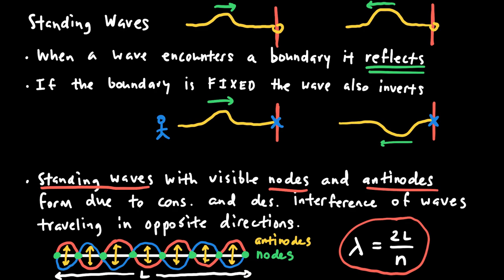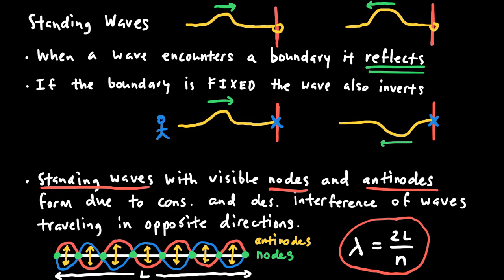As long as I've got a good camera, it would only look like one of those two. But over time, it plays a trick on our eyes, and it looks like this pattern is being maintained all the time. All the particles are moving up and down instead of left and right, because this is a transverse wave. So relative to the direction of the waves, which might be to the left or to the right, the particles are moving up and down.